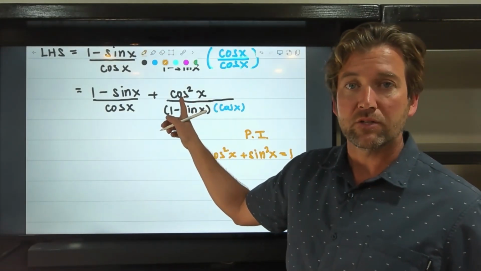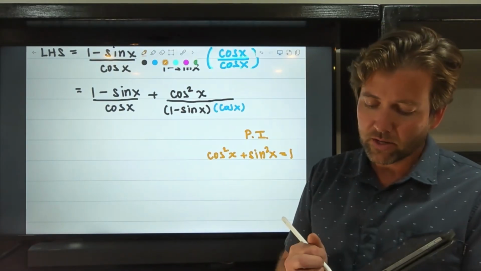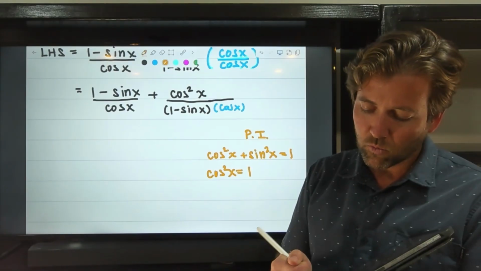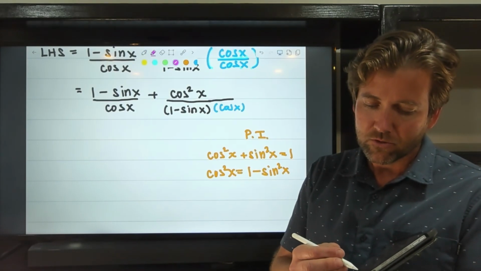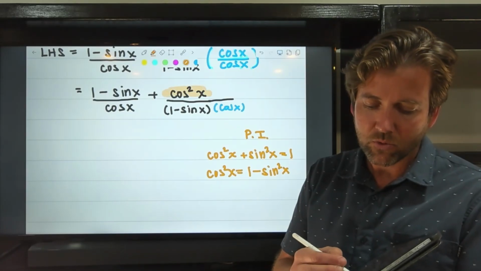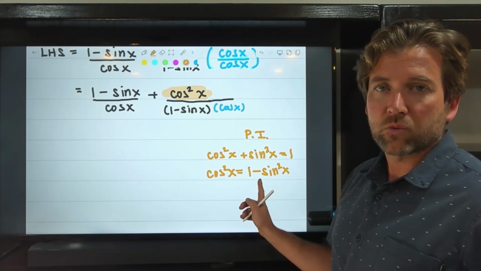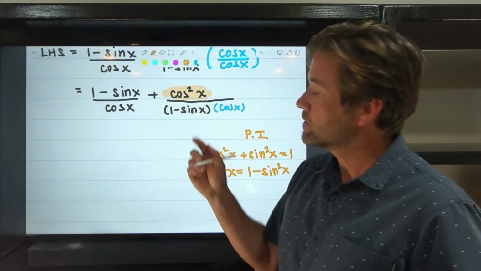I'm going to replace it, use substitution. So I want to solve this equation for cosine squared x. So that's cosine squared x equals 1 minus sine squared x. So right here, this cosine squared x is going to get replaced with this 1 minus sine squared x. Why? Because I want this 1 minus sine x to cancel, and it's going to in just a moment.